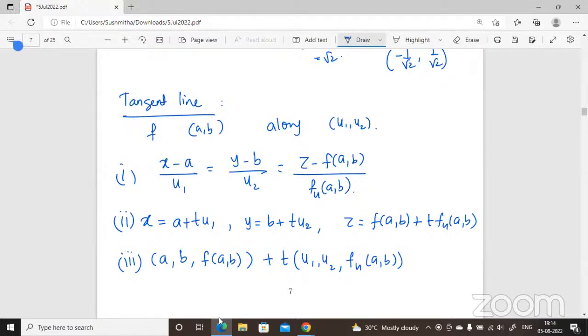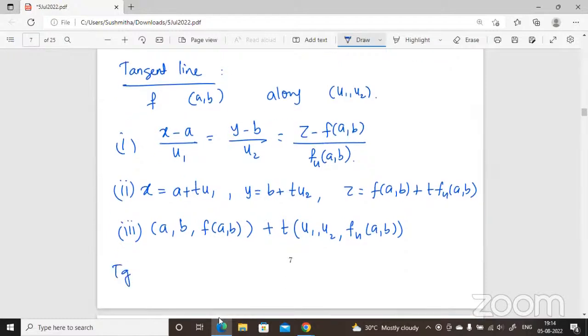Both are not the same. This is a line, that is a plane, but we can derive the line from the tangent plane. What is the tangent plane equation? z equals f of a, b plus... Because this equation only we used everywhere.